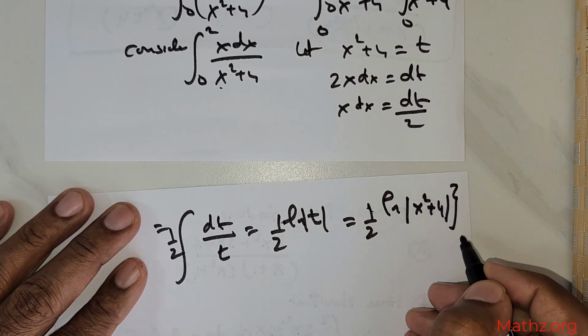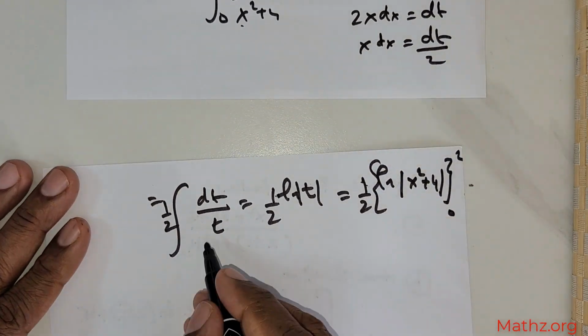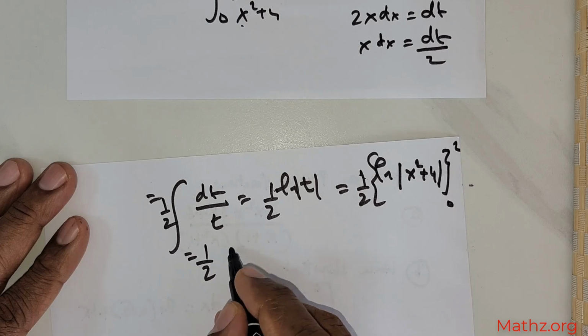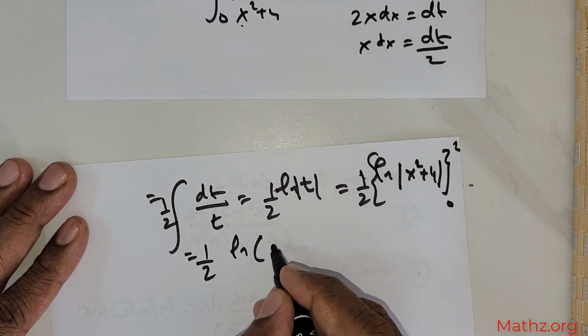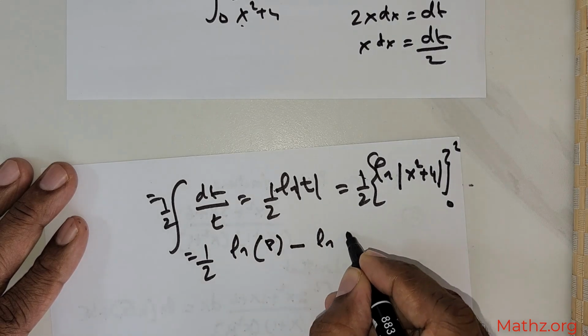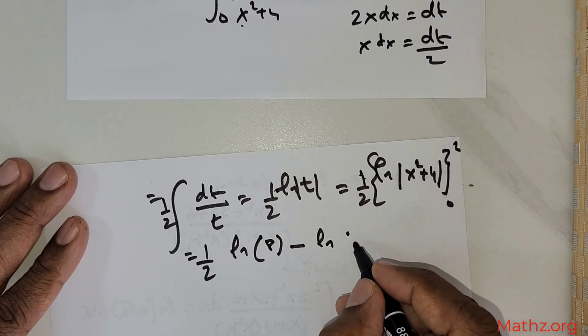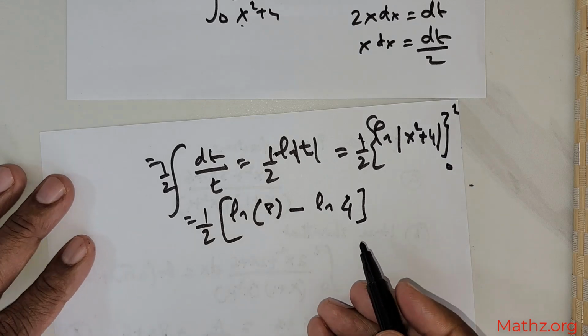So now you place the limits 0 to 2. Now you apply the limits. So this is 1 over 2 ln of, I apply the first limit, 2 squared plus 4, that's going to be 8 there, and minus ln of 0 plus 4, so it's going to be ln 4. So this is what we have got.